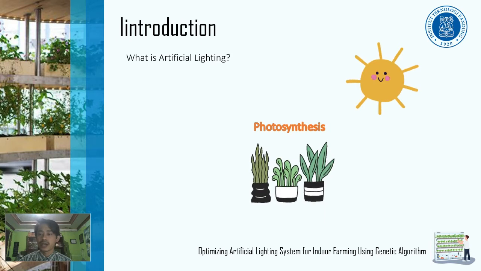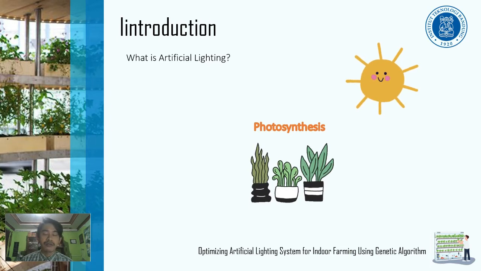Within the plant cell, the water is oxidized, meaning it loses electrons, while the carbon dioxide is reduced, meaning it gains electrons. This transforms the water into oxygen, and the carbon dioxide into glucose. And the glucose will be transformed into energy, and they will grow.